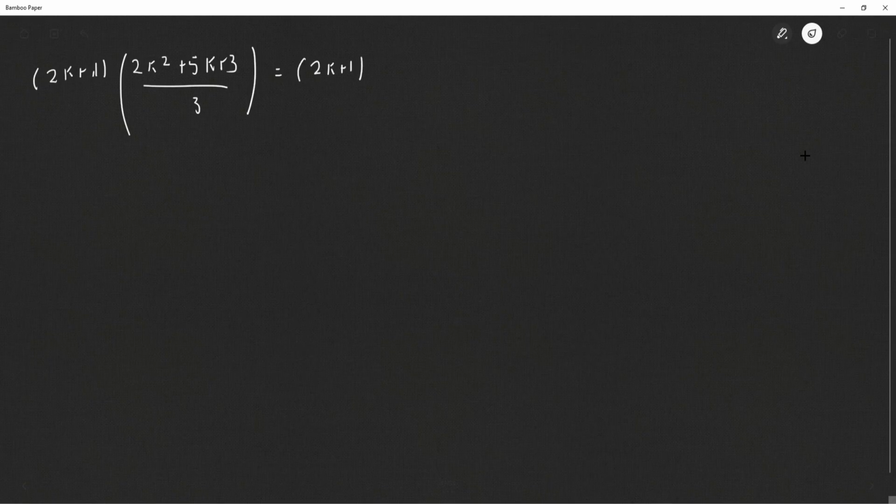Now factoring this, we have 2k plus 1 times 2k squared plus 5k plus 3 divided by 3, and this is going to be equal to, once you factor, 2k plus 1 multiplied by 2k plus 3 times k plus 1.